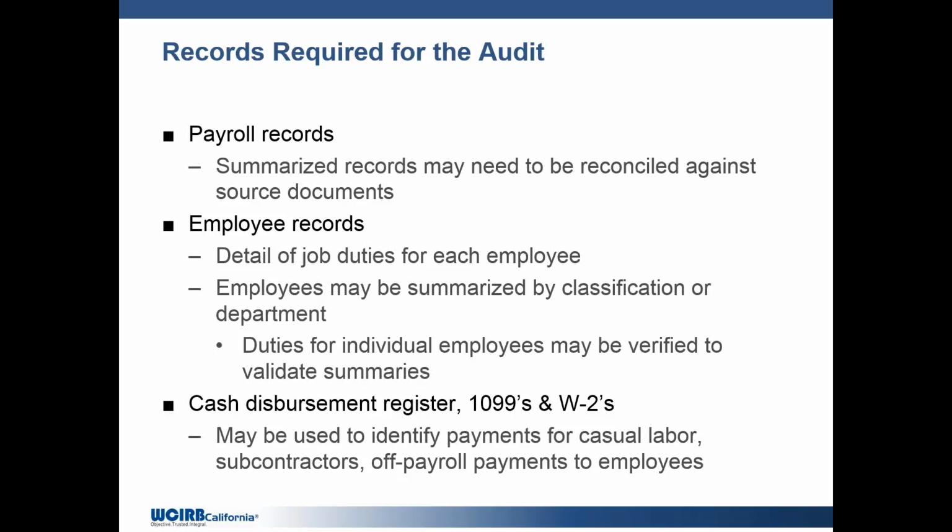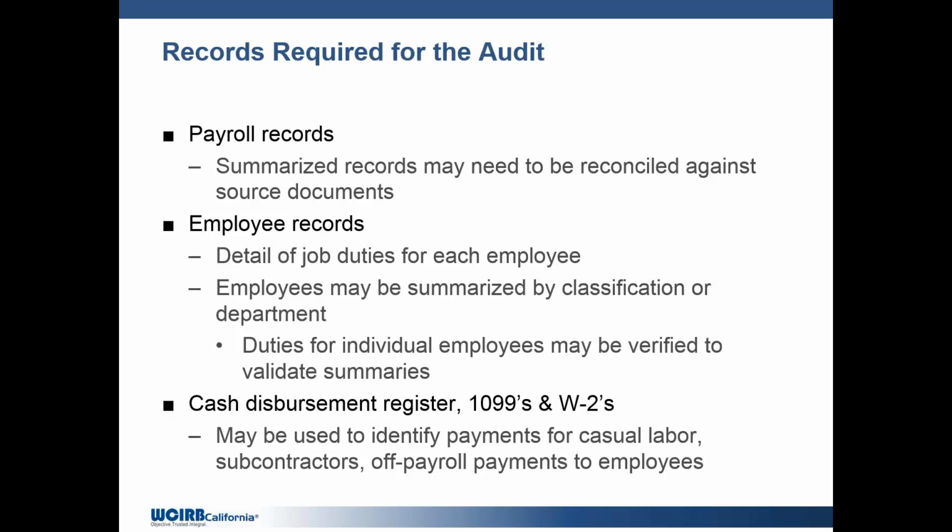So they may need the ADP records so they can go back and see that a particular worker received a certain amount of money, and then they would validate against that. In addition, they may ask the employer for some employee records. If we saw that an employee changed job duties, they may say, well, hey, when did that change occur, and was that documented somewhere?